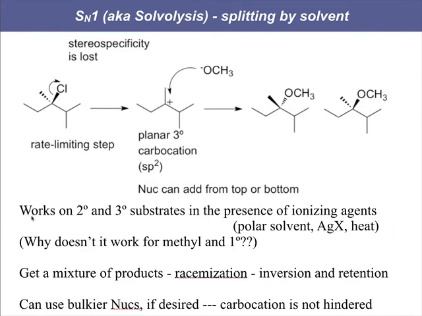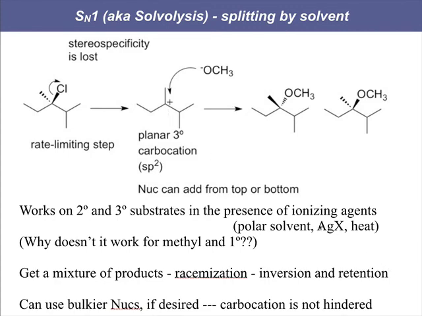SN1 works on secondary and tertiary substrates. We need to add, however, an ionizing agent. We need a little bit of help kind of coaxing this chlorine to leave on its own. And for that, we use a polar solvent that stabilizes the carbocations.